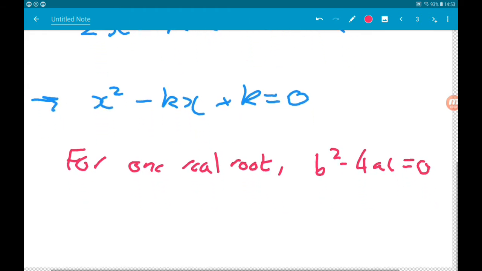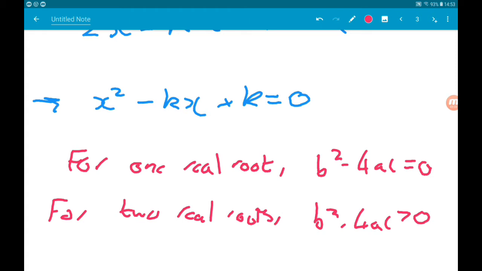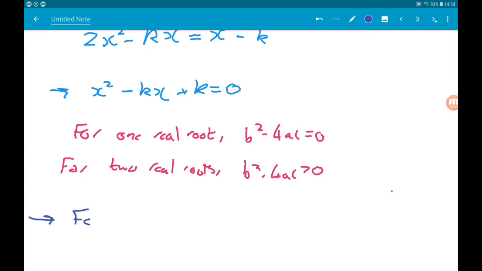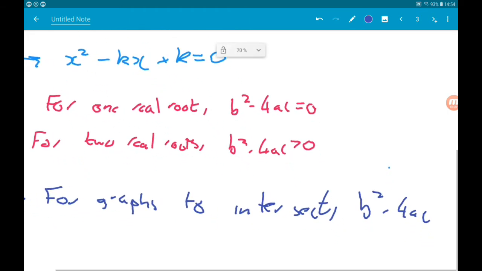And for 2, b squared minus 4ac must be greater than 0. So, that means then for the graphs to intersect, b squared minus 4ac has to be greater than or equal to 0.